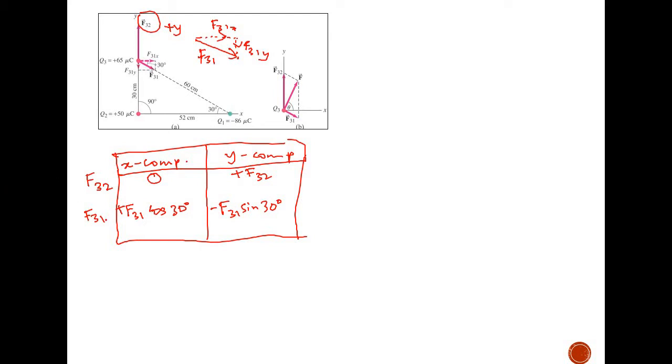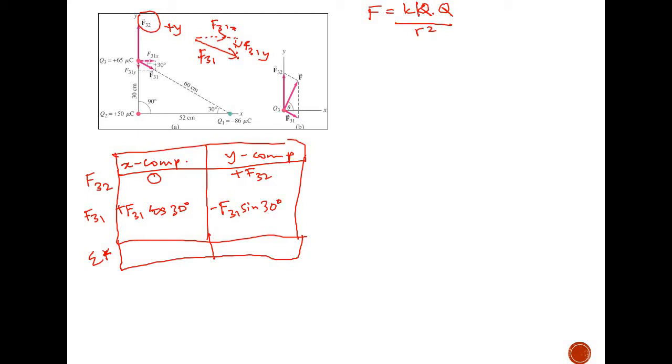Okay, so next from there you can obtain the F net, the sum of F. So you can add up the components here. To find the F31 and F32, you can use the formula F equals kQQ over R squared.